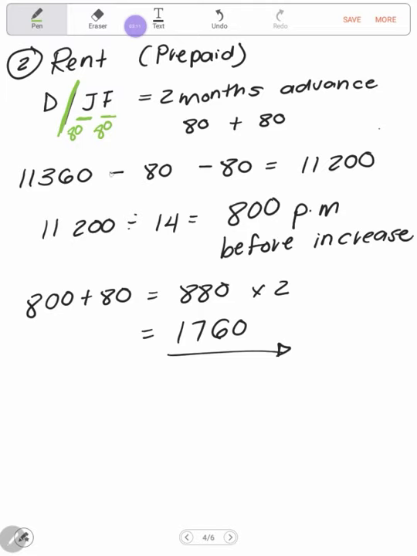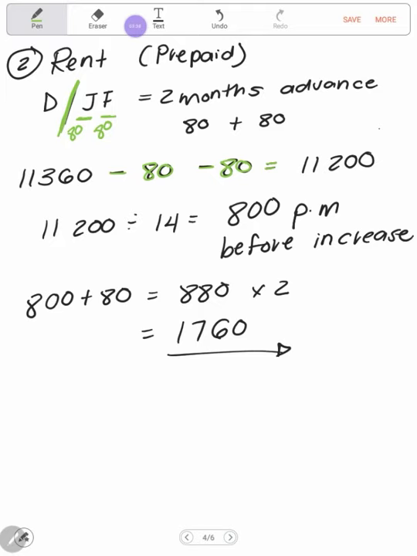So I subtracted the 80 Rand which was for January, and I subtracted the 80 Rand which was for February, which means if I didn't have the increase, I would have paid 11,200. Okay, now that I have the rent expense without the increase in, I can basically divide by the number of months that I've paid my rent for.